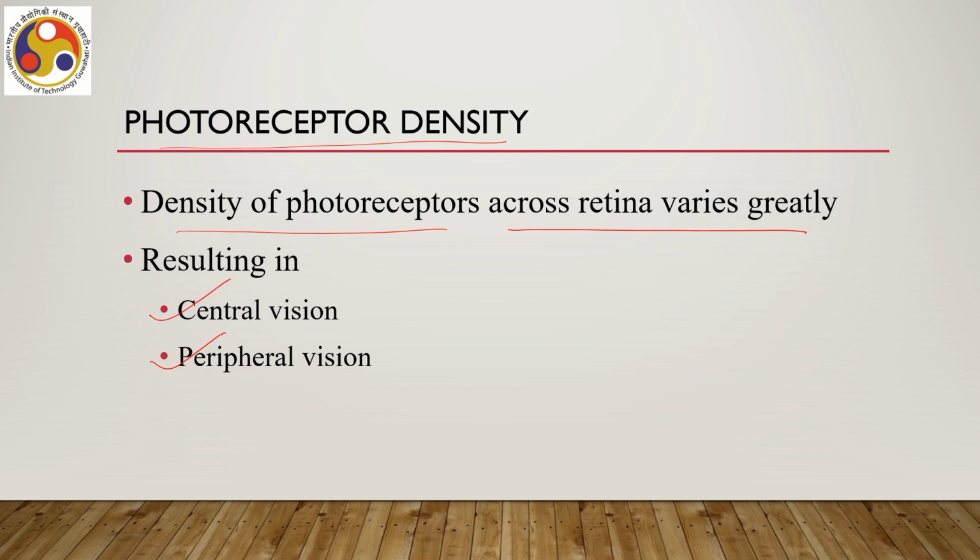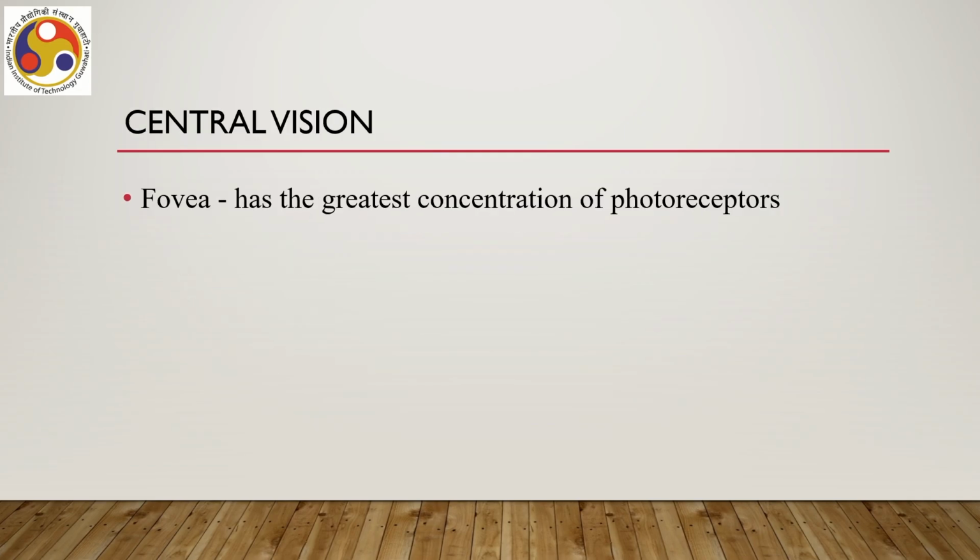These two types of vision are supported by human eyes. Let us talk about central vision. We already mentioned there is a component of our eye called the fovea, which has the greatest concentration of photoreceptors, particularly cones. The fovea is the central region of the retina having the greatest concentration of cones.